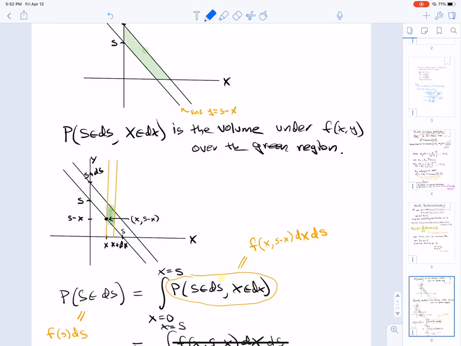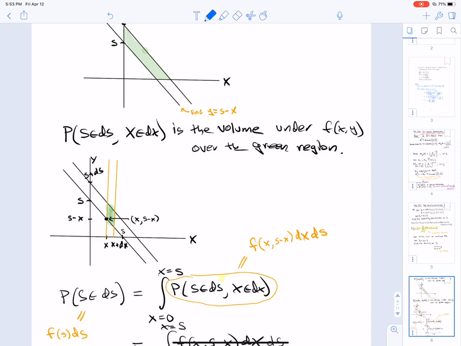And so notice that if little x is on the x-axis, then the corresponding point is s minus x, because that's what y is for that given x.